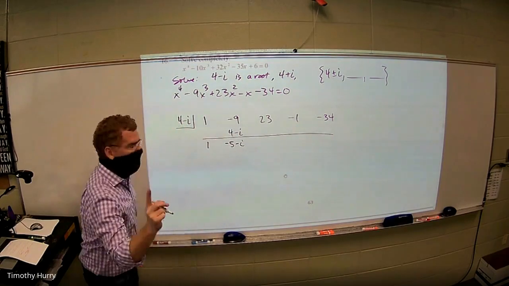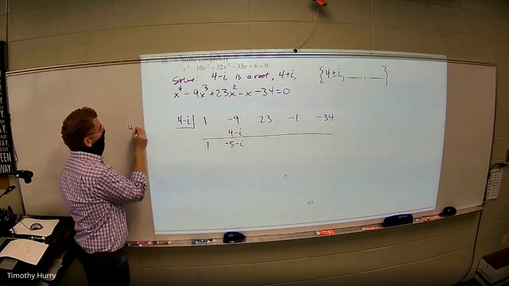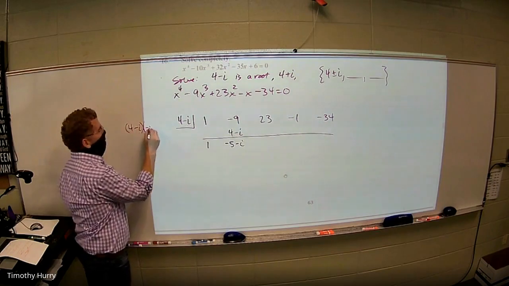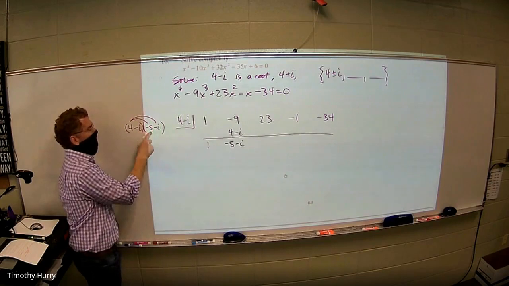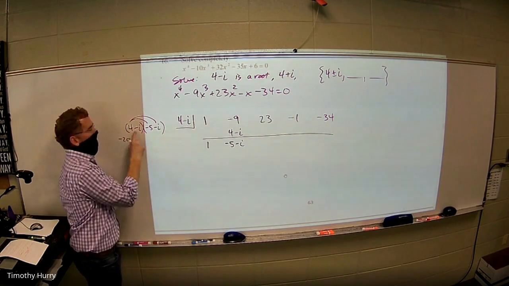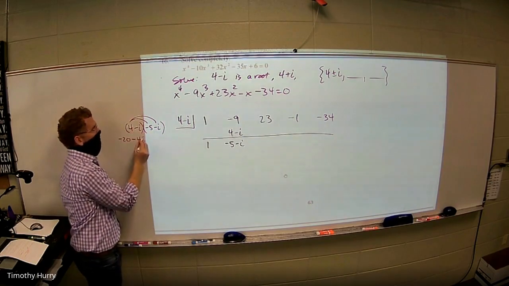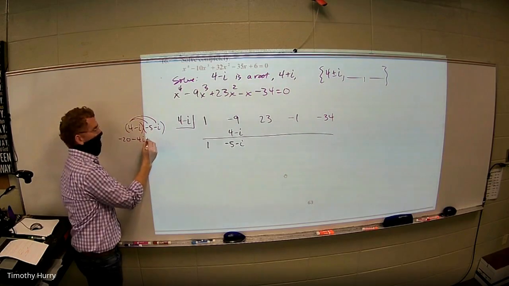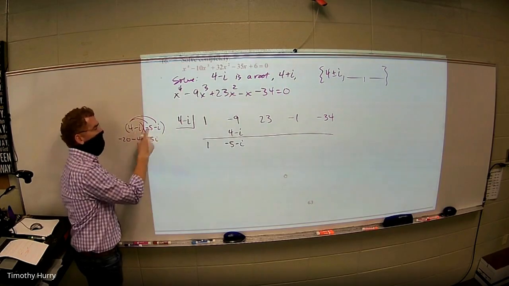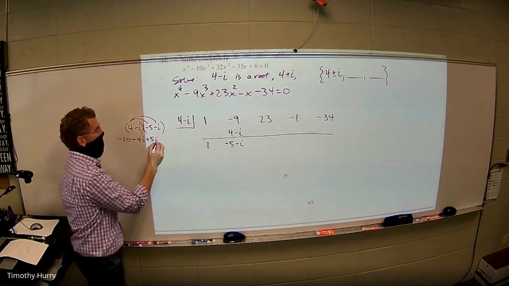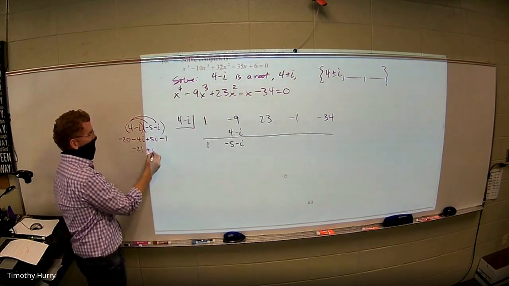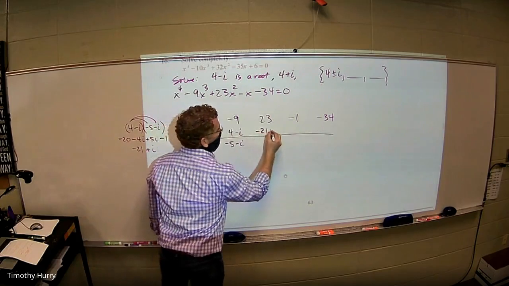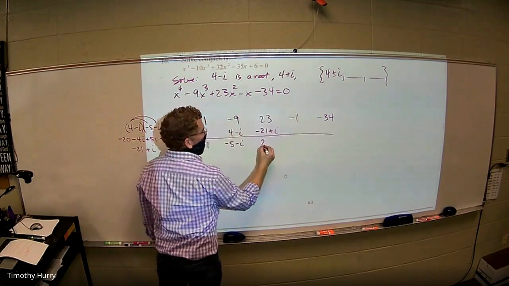Multiply. Okay, step 1, this would be the first, what I call annoying, difficult part. Slow down. What do I get? -20, -4i, positive 5i, positive i squared, which is, and that gives me -21 plus i. Add 2 plus i.